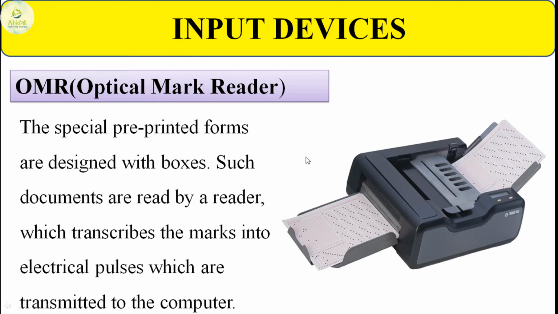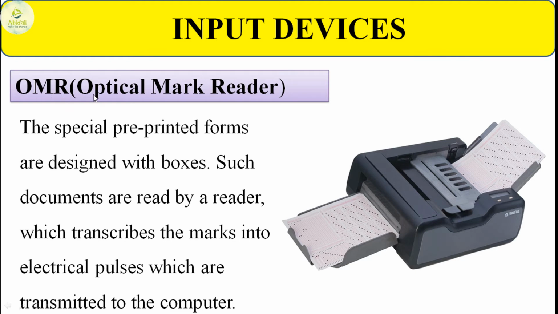The choices are given as A, B, C, D or 1, 2, 3, 4. You need to choose any one of the 4 and circle it on a paper. So this is the OMR sheet where you display your answer by marking the circle. OMR is a device which reads the OMR sheet.